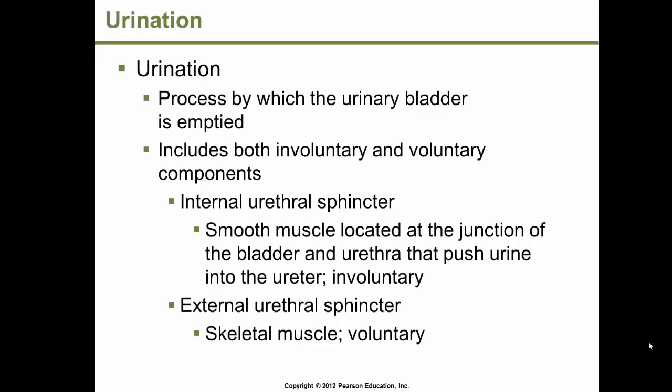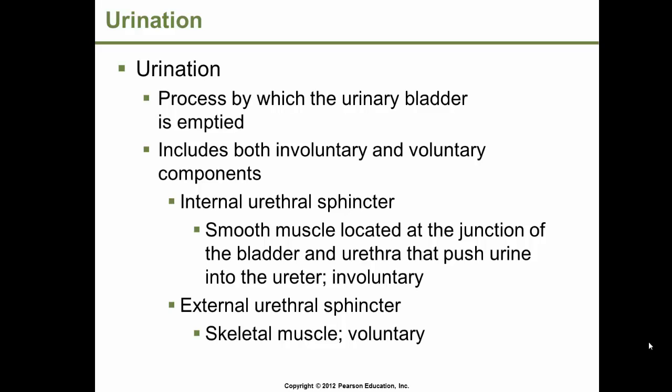Urination is the process by which the urinary bladder empties. It includes both voluntary and involuntary components. Just like in the digestive system, we have an internal and external sphincter. One's under involuntary control and one is under voluntary control. We learned that as a child. The internal urethral sphincter is a smooth muscle located at the junction of the bladder and the urethra.